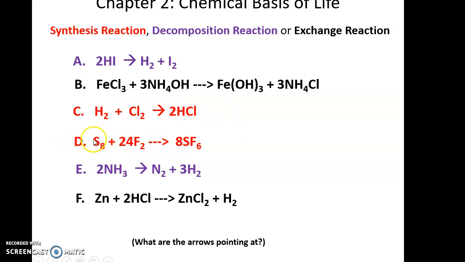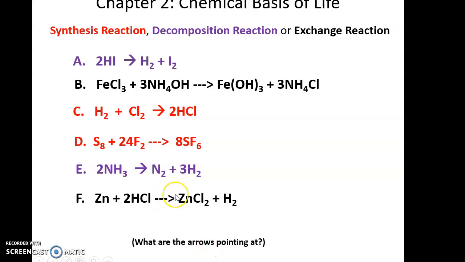D, the fourth one, is another synthesis reaction. E is another decomposition reaction where the ammonium is breaking down into nitrogen and hydrogens. And then finally, F is an exchange reaction. Part of one is being switched over to the other. I know it isn't a double exchange, it's just a single exchange, but still important to know.